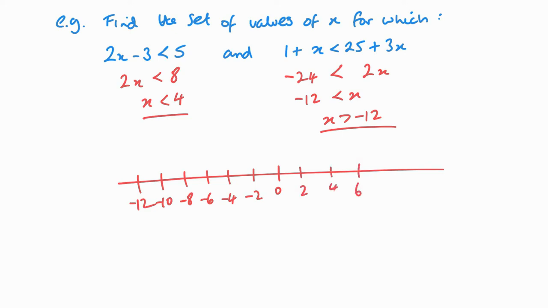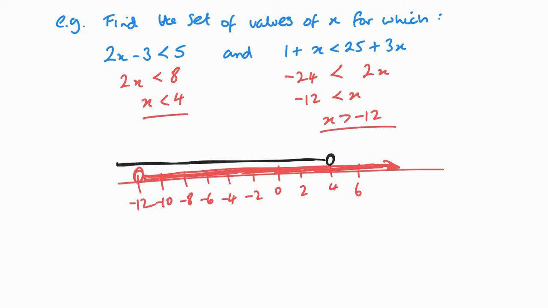So greater than negative 12 means I'm looking in this direction. Now I'll do the other one in black so you can see, but less than 4 is then in this direction.